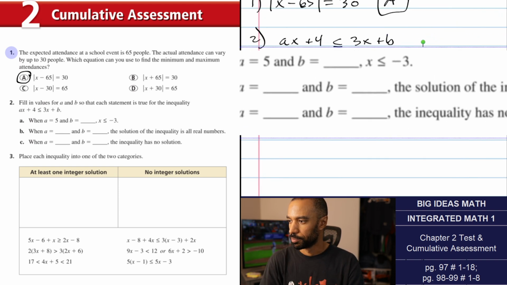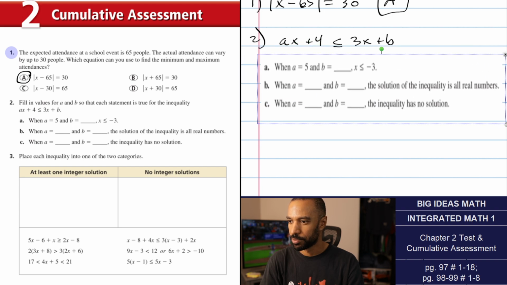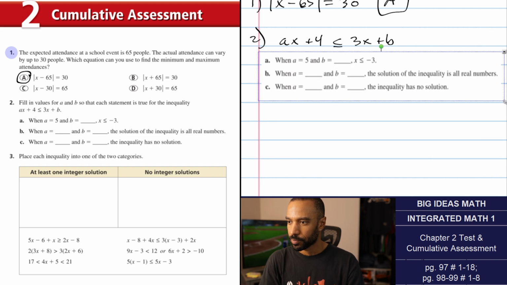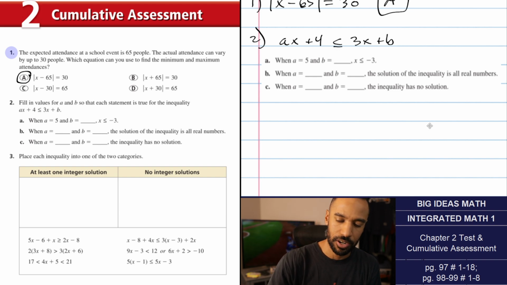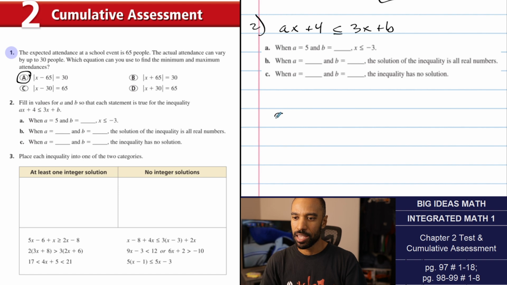Sorry, I got to shrink it to size here. Okay, part A. When a equals 5 and b equals blank, x is less than or equal to negative 3. Well, we probably got to do some work for that.